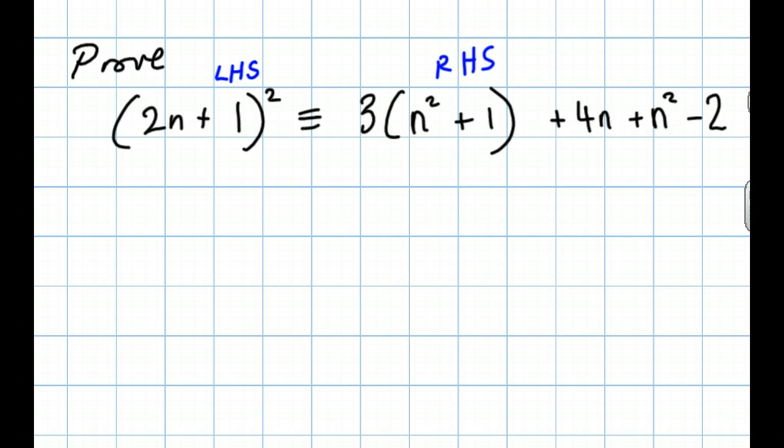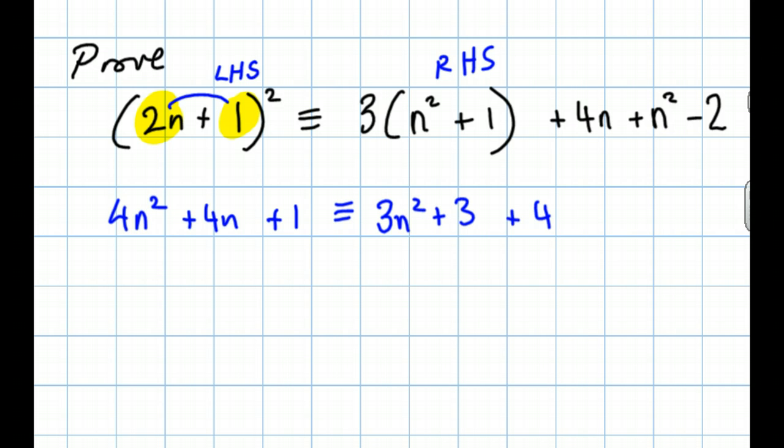So we expand this bracket here on the left, and you get 4n squared, that's this term squared, plus 1, and then remember you get twice the product of the two terms, so it's plus 4n. So that's the left-hand side. Is that the same as multiplying out this bracket, 3n squared plus 3 plus 4n plus n squared minus 2?